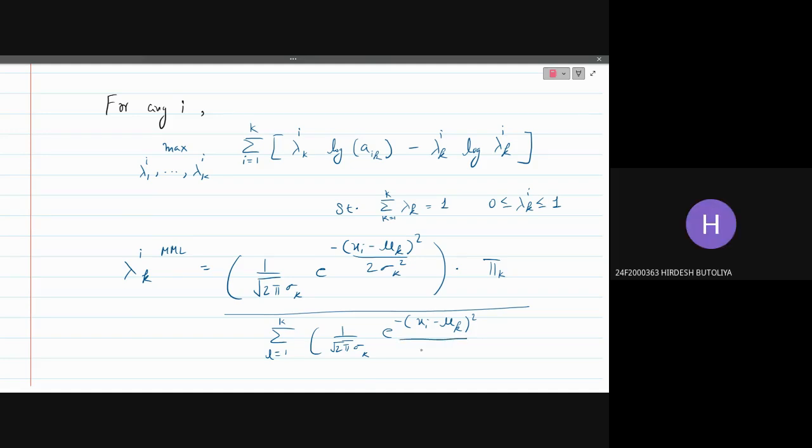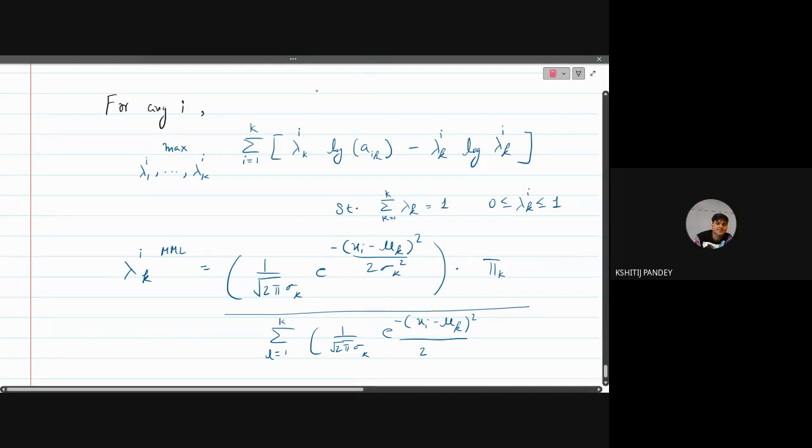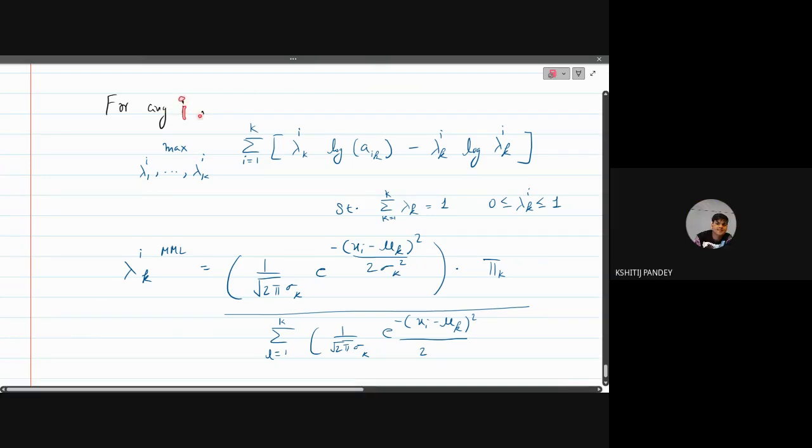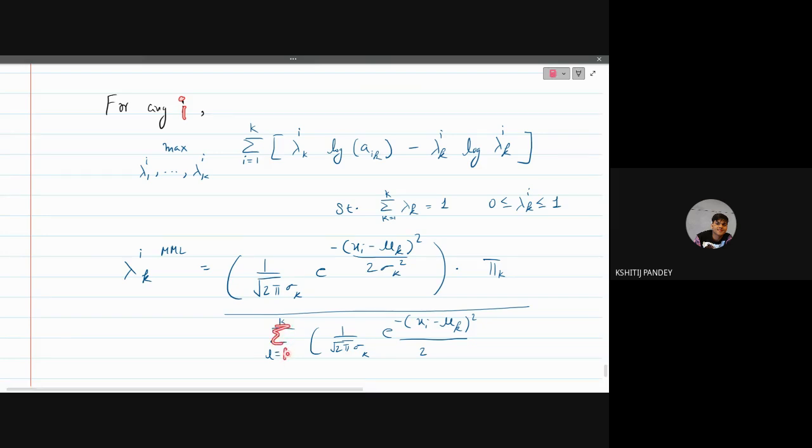Here you will have xi because this is the i we have fixed, right? For a given i you have different values of lambda, right? That's why we are summing over it. This is a fixed point we are talking about for any i.